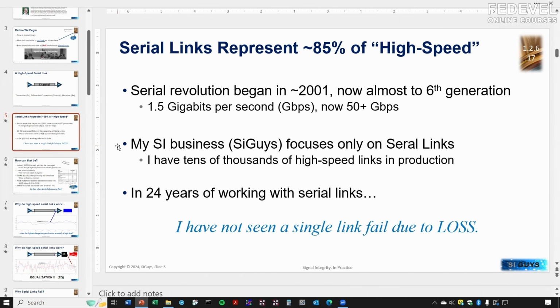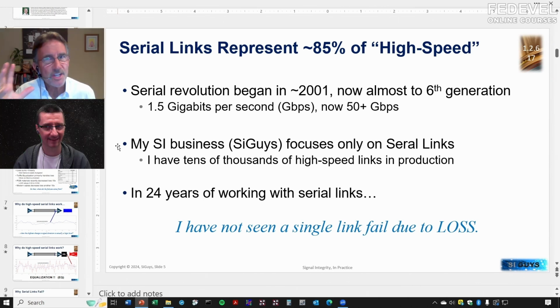Okay. So I think everyone understands that at these frequencies, you have some loss. You don't just have a physical wire. Something happens from transmitter to receiver that attenuates, or decreases, the voltage that's propagating, right?